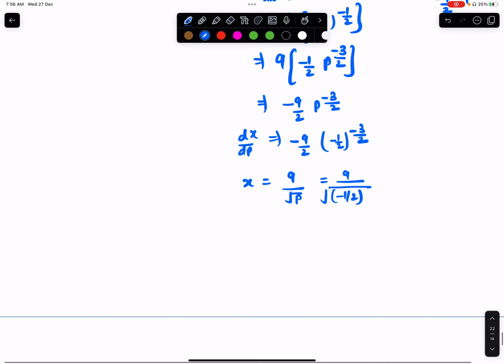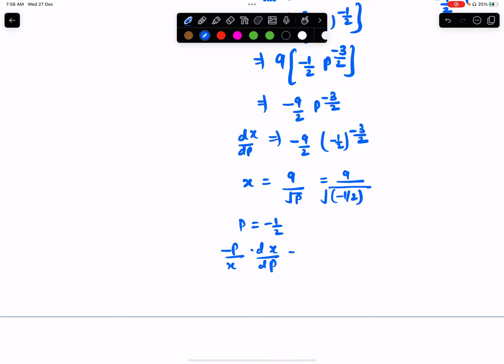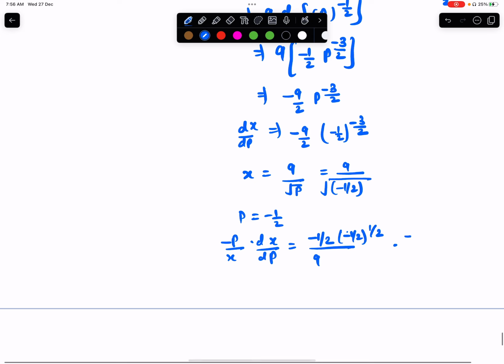This is our value of x, and we have p as minus 1 by 2. So minus p by x into dx by dp, minus of minus 1 by 2 times root of minus 1 by 2 over 9, into dx by dp, minus 9 by 2 times minus 1 by 2 raised to the power minus 3 by 2.